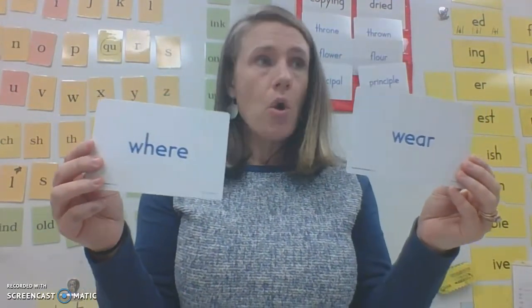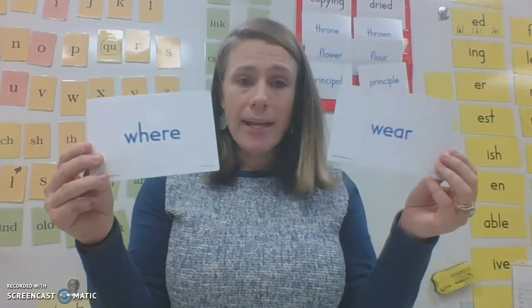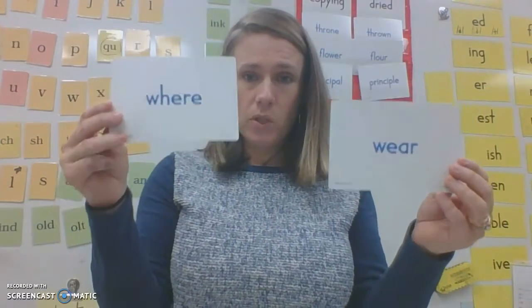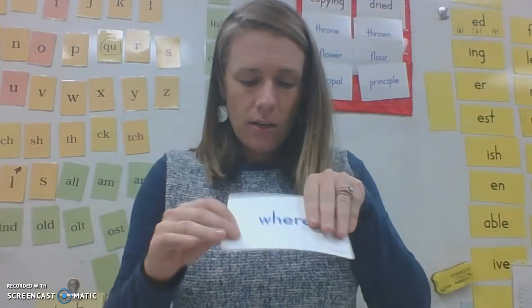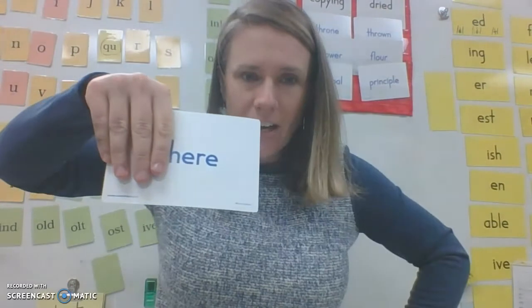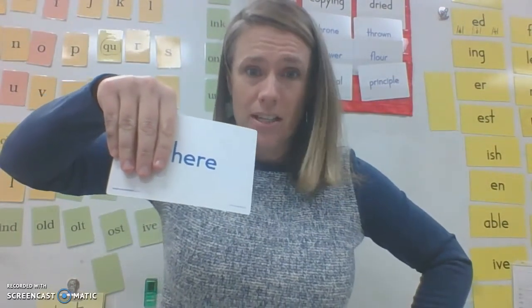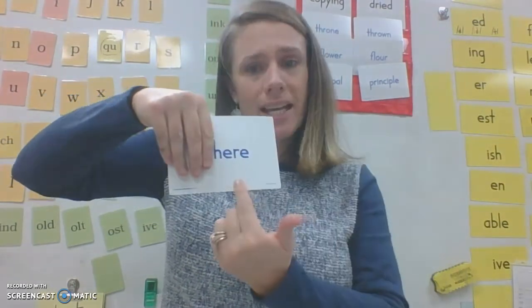I want you to guess for me which one is being used in this sentence. Where did my book go? I can't find it. Where is that? This one. And the way you can remember when you're asking a question about where something is, a location, if you take off that W in the digraph, the word here is in it. So you can think, where is it? Here it is.